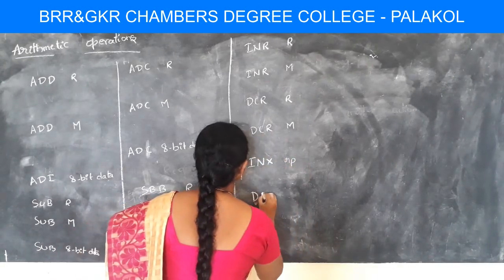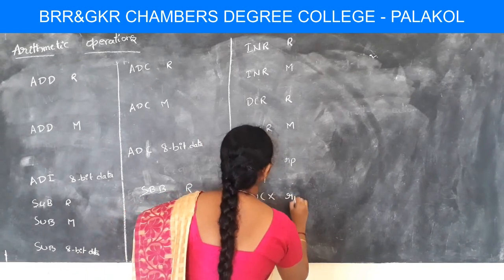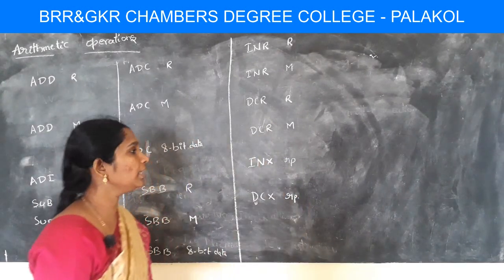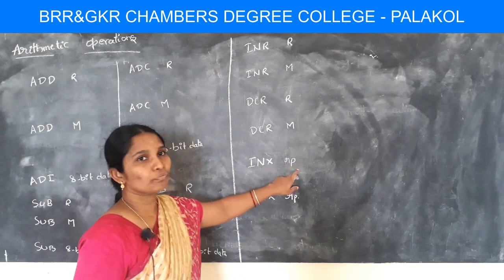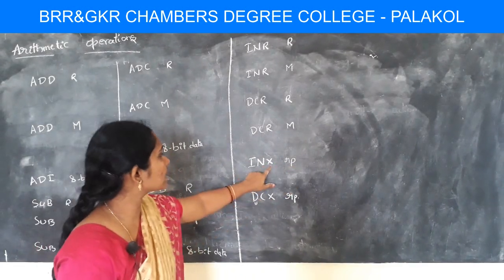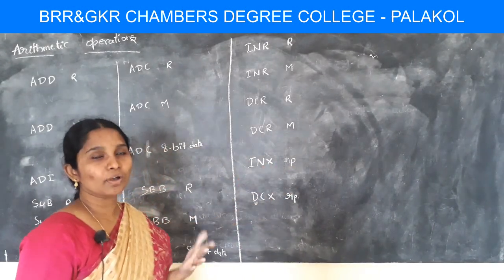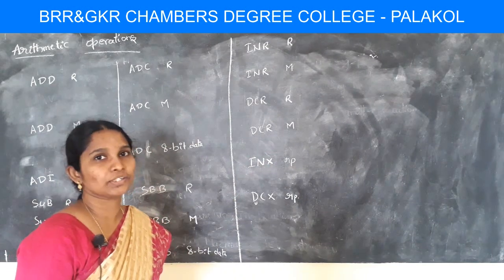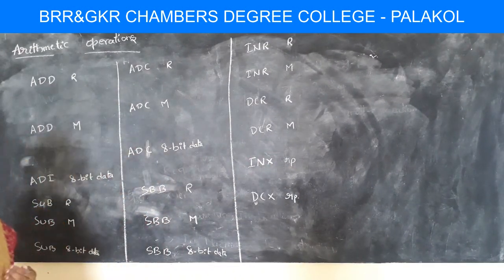Another one is DCX RP, which decrements a pair of registers. I already told you X always indicates a pair of registers. Now we will discuss each and every instruction.